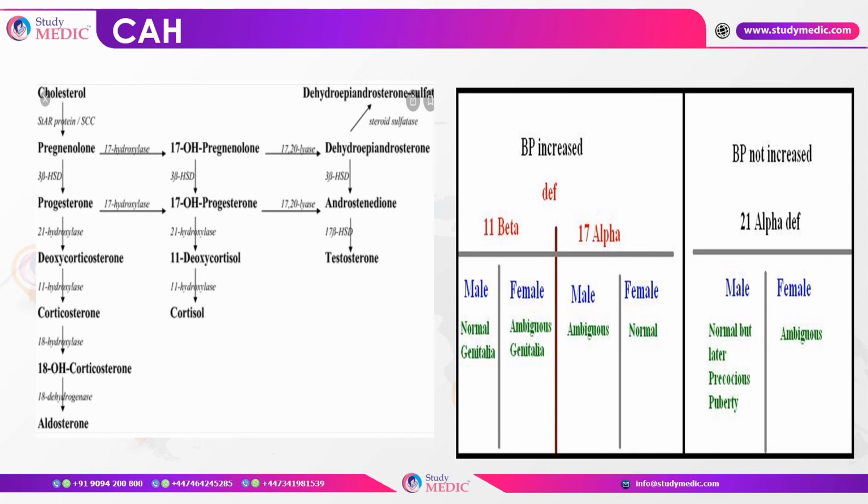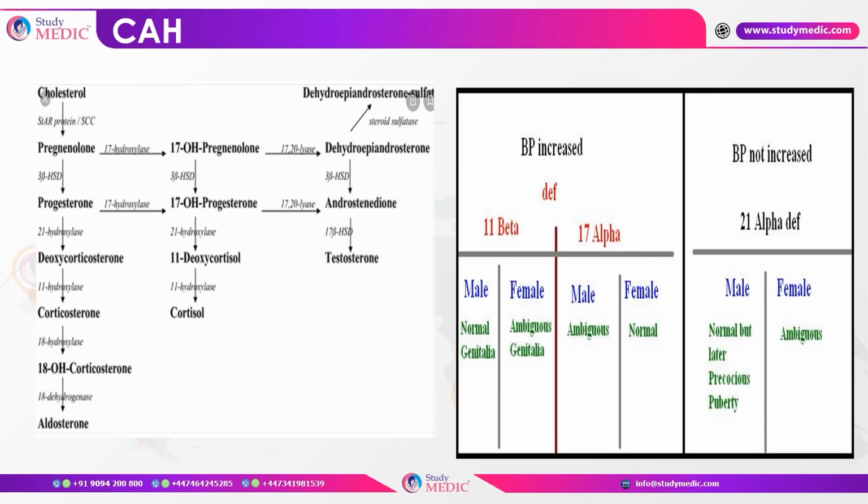What happens in 11-hydroxylase deficiency? Even here, you are not going to get formation of aldosterone and cortisol. But what happens is, there is formation of deoxycorticosterone, which has some function similar to aldosterone, and then you have 11-deoxycortisol, which has some functions similar to cortisol.